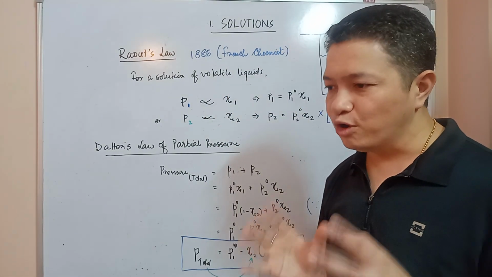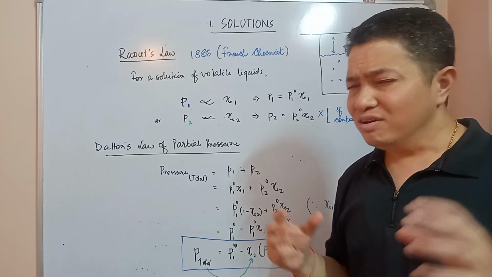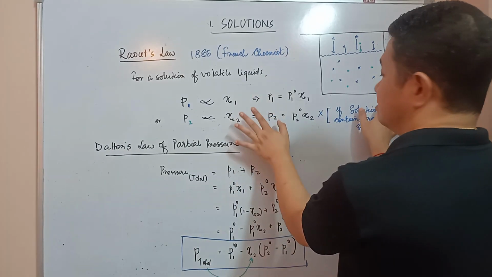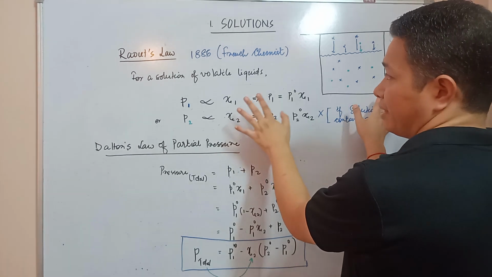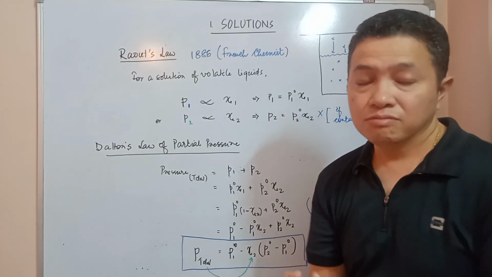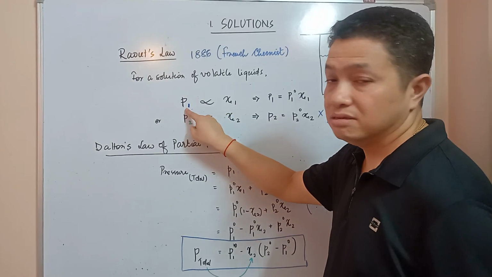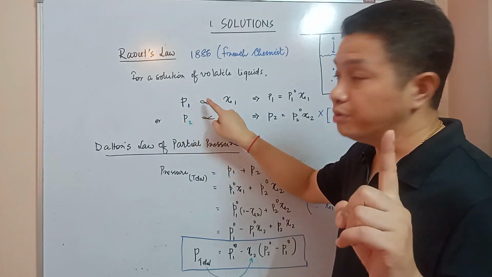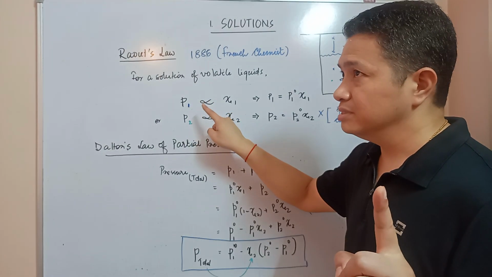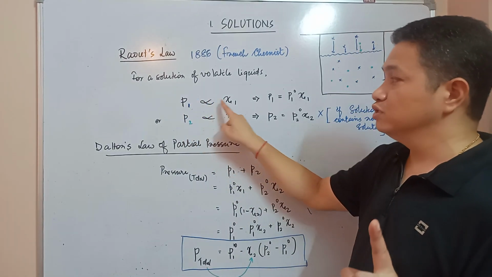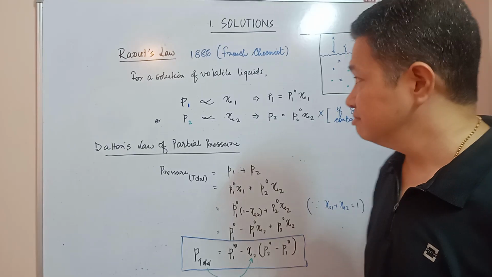It's not a very complicated statement. It just says that at a particular temperature, considering a solution containing volatile liquids, the partial vapor pressure of each component is proportional to its mole fraction.